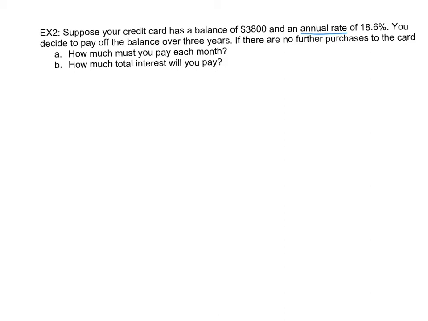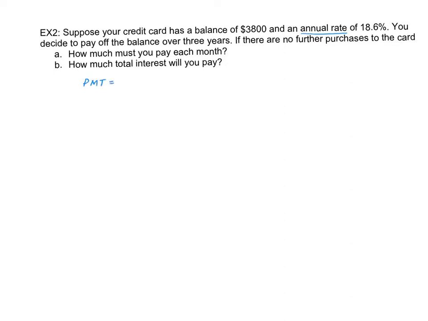Okay, so think about this. This is a little bit different. The average daily balance is going to remain the same, right? We're not making any new purchases. So what we're going to do in this particular example is we're going to go straight to what we used in the previous section to figure out what the payments would be.